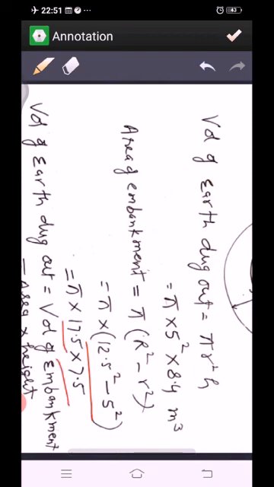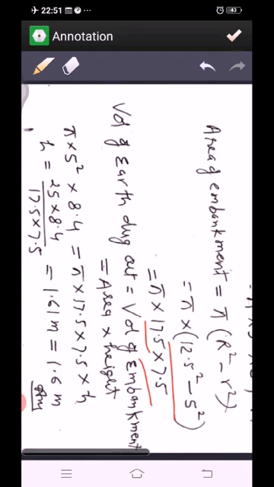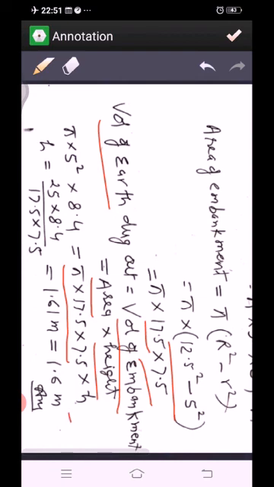will be 7.5. So now volume of earth dug out equal to volume of embankment. So volume of embankment will be area of embankment into its height. Area we have got pi into 17.5 into 7.5, and into height.